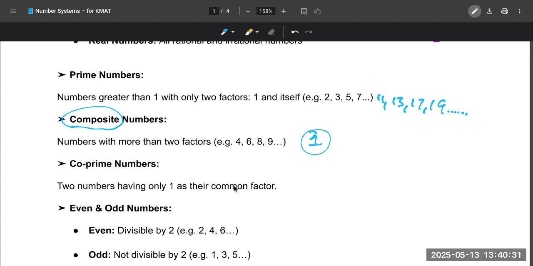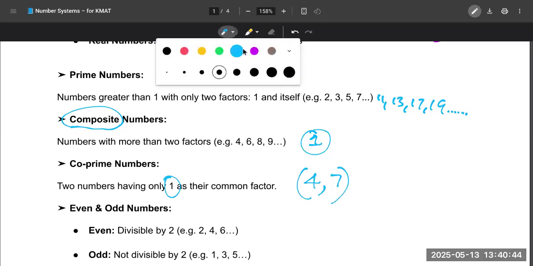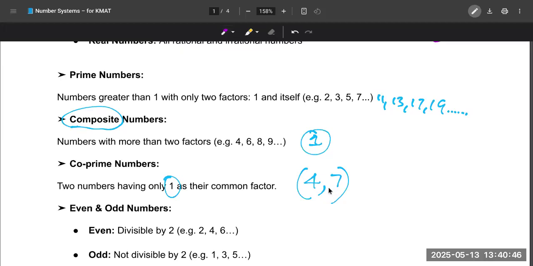Then we have co-prime numbers. Co-prime numbers are numbers which have only 1 as their common factor. For example, 4 and 7. There are no other numbers common to 4 and 7. 4 is divisible by 2, but 7 is not divisible by 2.